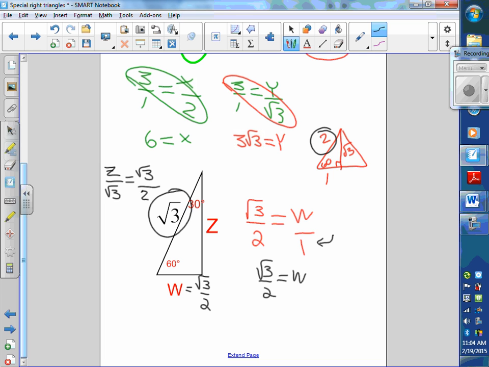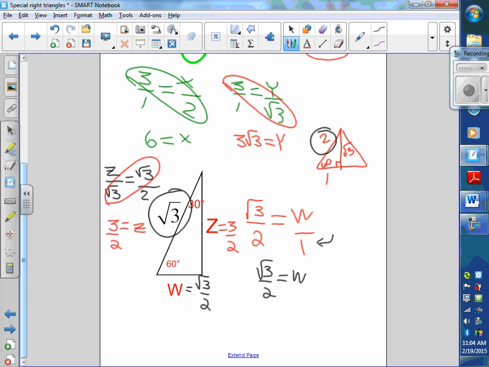So now I have to cross multiply. So root 3 times root 3 is root 9, which is 3, over 2. So you multiply what's on the diagonal, divide by what's left over, and you get Z. So 3 halves. Do you get that? You need to practice it a little bit.